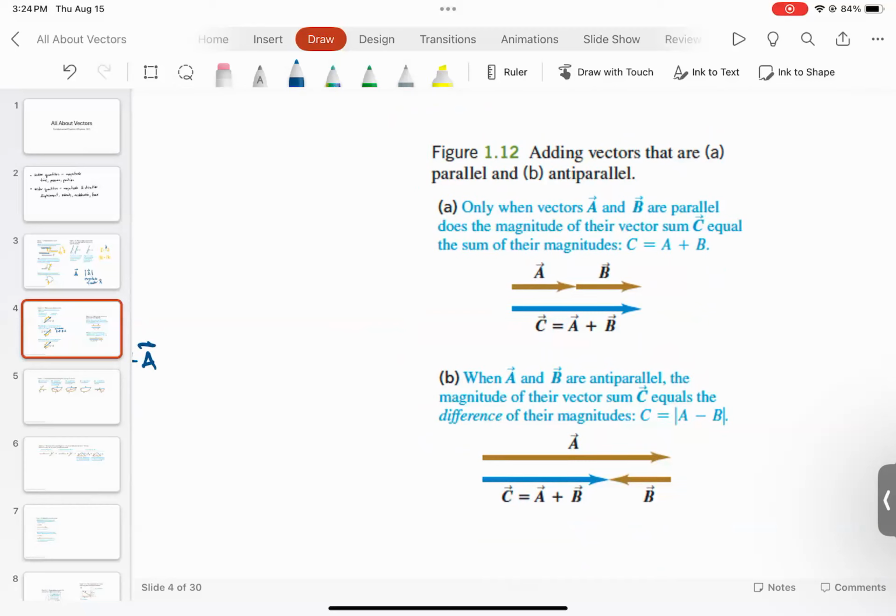Okay? And if yung isang vector naman is opposite the other vector, ang mangyayari dun is parang sinubtract mo yung pangalawang vector from the first vector.